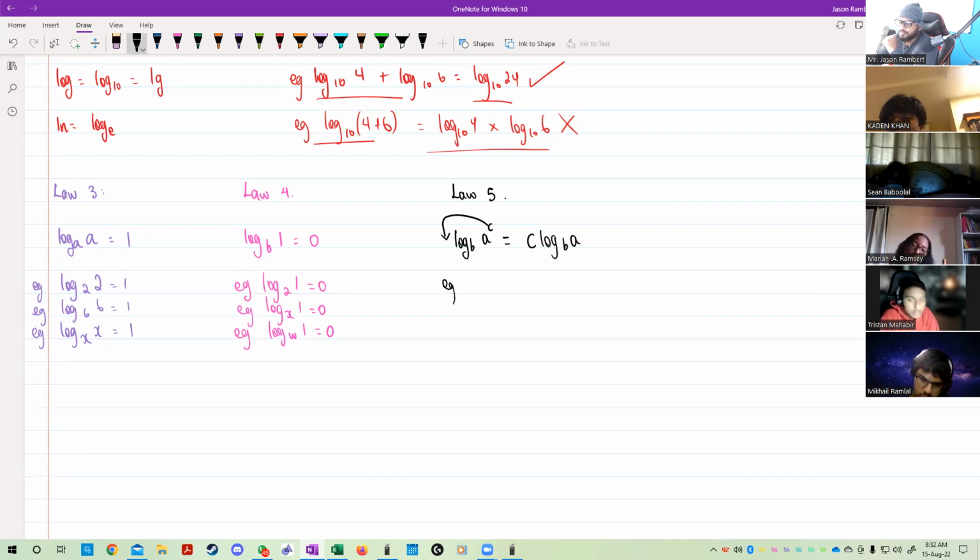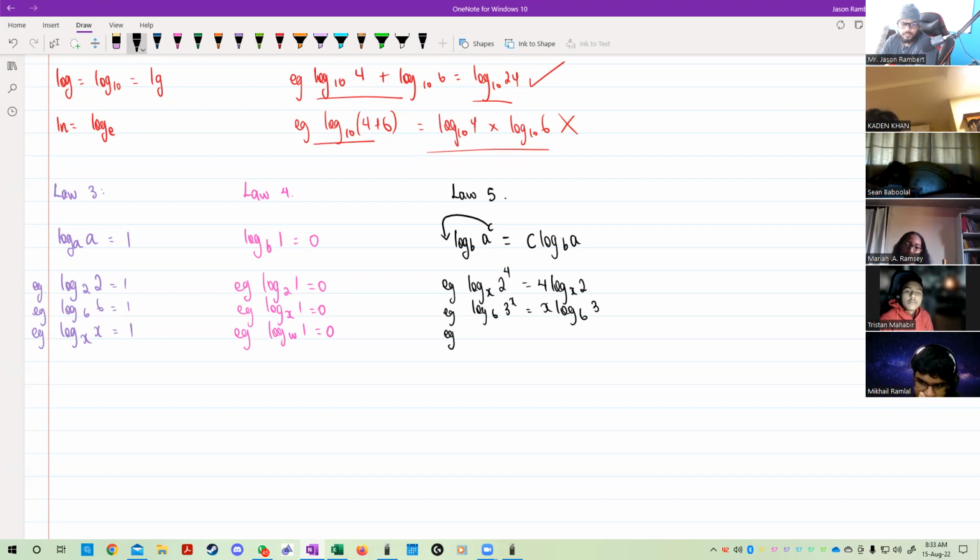For example, if I have log of 2 to the power of 4 to base x, this is 4 log of 2 to base x. If I have log of 3 to the power of x to base 6, this is x log of 3 to base 6. Are you following?